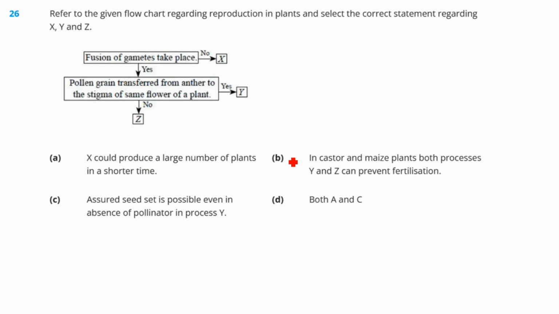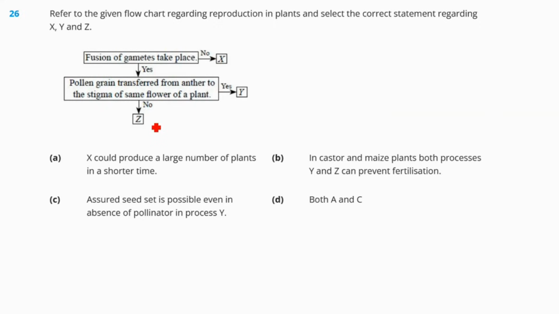Question number 26. Refer to the given flow chart regarding reproduction in plants and select the correct statement regarding X, Y, and Z. Fusion of gametes takes place. No is X. Yes. Pollen grains transferred from anther to stigma of the same flower of a plant.